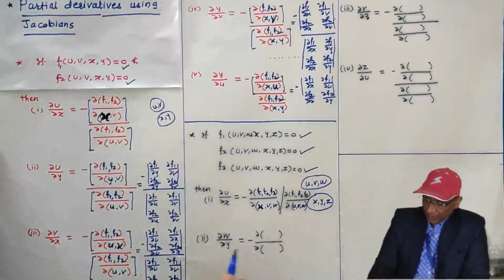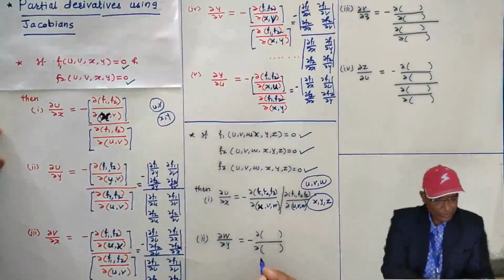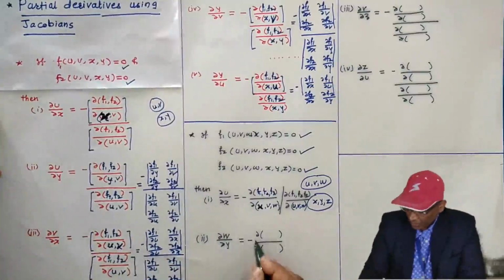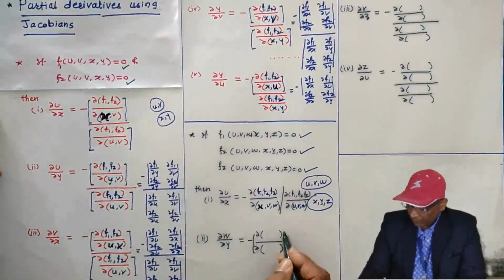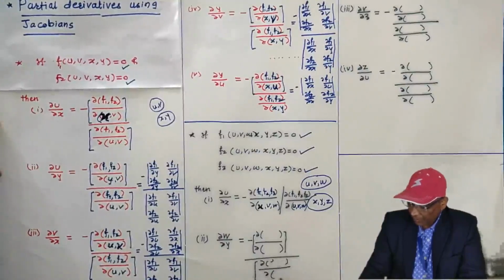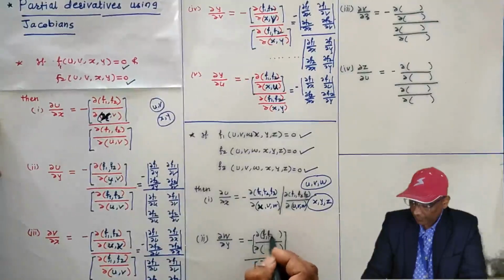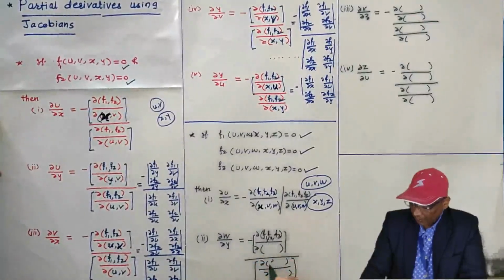Now del w by del y. Here is the denominator. This is the numerator Jacobian divided by the denominator Jacobian. Here f1, f2, f3.